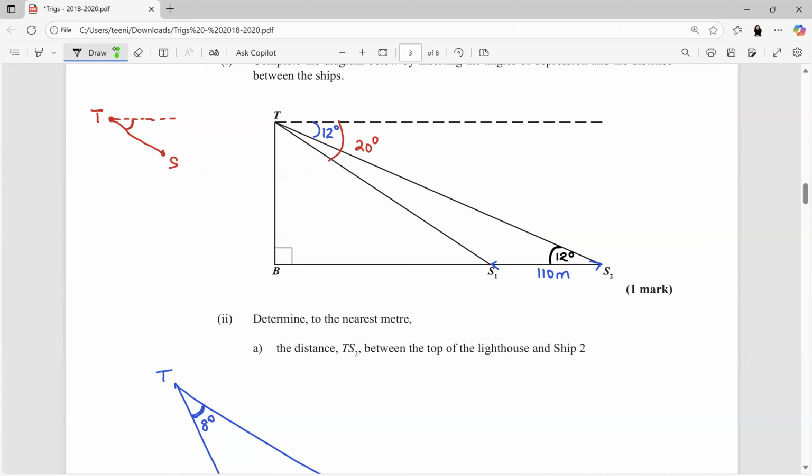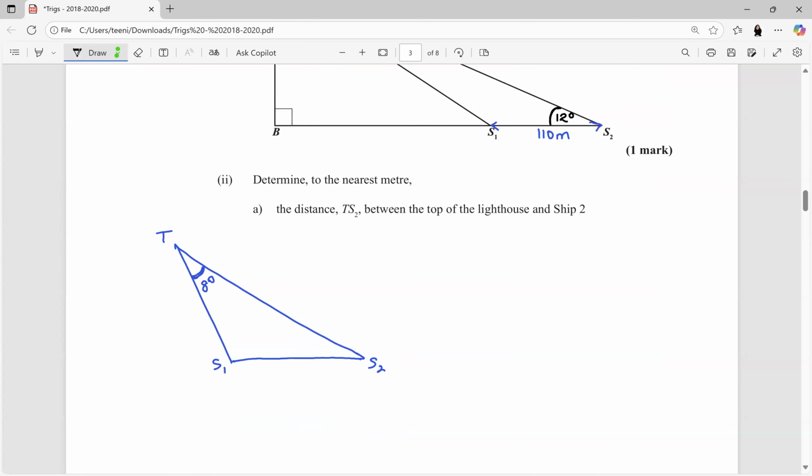So if we look at our diagram now, we have this angle up here, which is 8 degrees, this angle down here, which is 12 degrees, and this length, S1 to S2, is 110 meters. Can we also find this third angle in the triangle, guys?